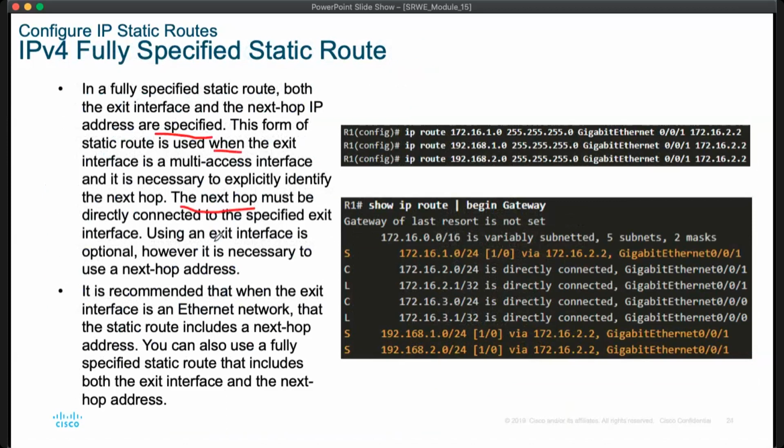Using an exit interface is optional. However, it is necessary to use a next hop address. It is recommended that when the exit interface is an Ethernet network, the static route includes a next hop address. You can also use a fully specified static route that includes both the exit interface and the next hop address.